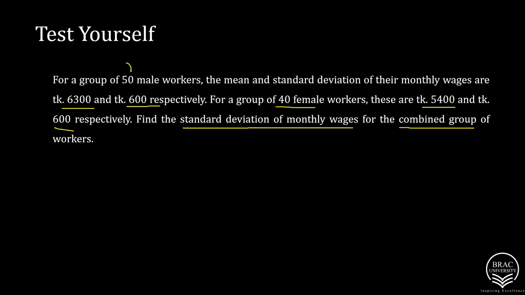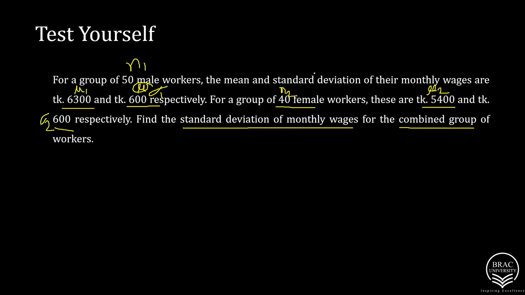Here also you can see this is our n1, this is our mu, that is the average, and this is the standard deviation. So this is actually sigma 1, and here also it is n2, and this is our mu 2, and finally this is our sigma 2.